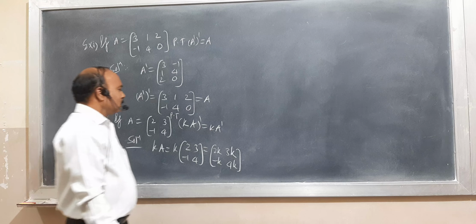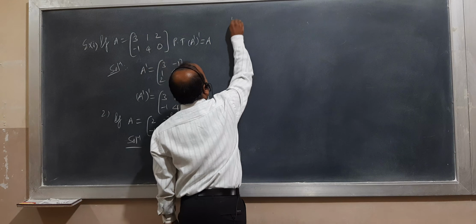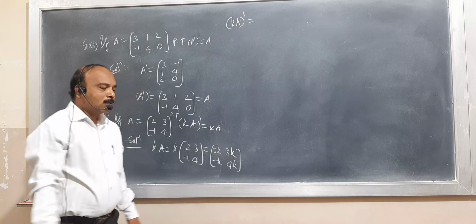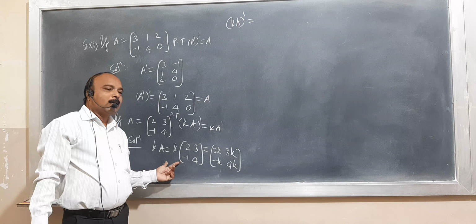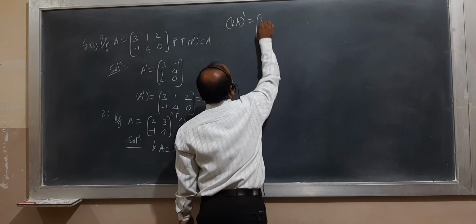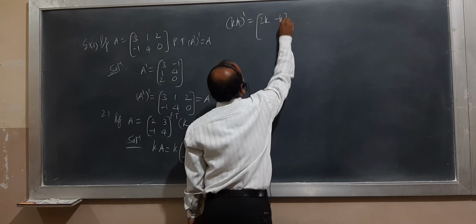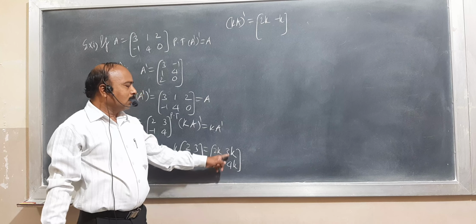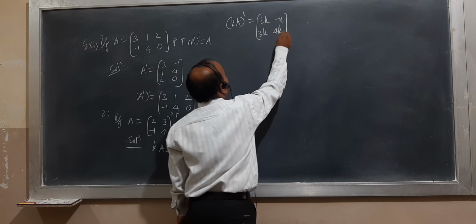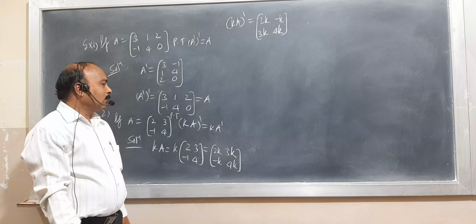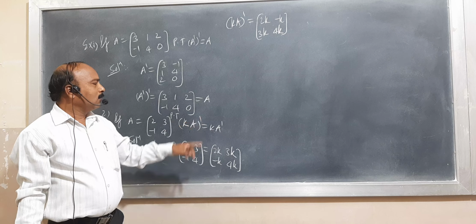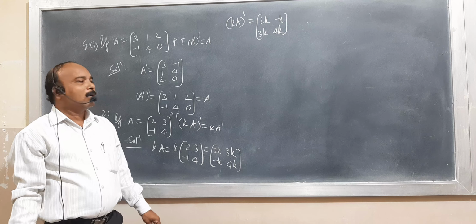Then you go for (KA) dash, which means the transpose of matrix KA. Then you get first row 2K, minus K, second row 3K, 4K. It is the left hand side value, that is (KA) dash.